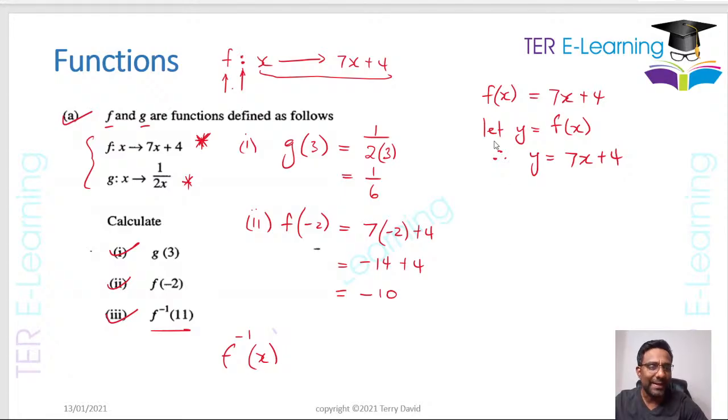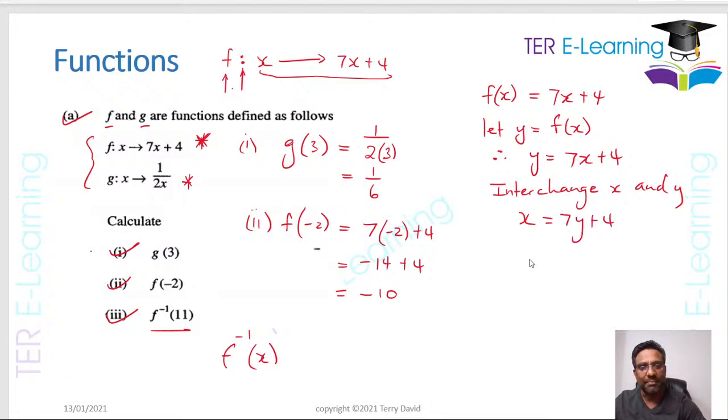The next step in finding the inverse of a function is to interchange x and y. That means anywhere we see x, we put y, and anywhere we see y, we put x. So x is equal to 7y plus 4.